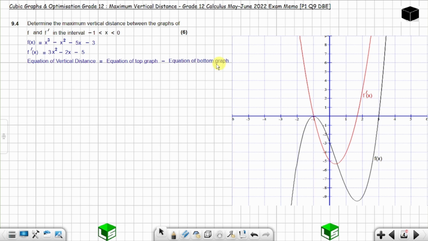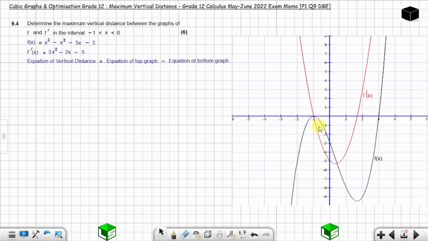In this interval from -1 to 0, you can see the top graph is the one above in this interval. You have the one in black, which is the graph of f, and the bottom graph is the one below, the one in red, which is the graph of f prime.